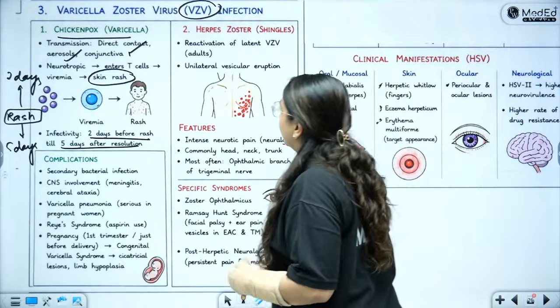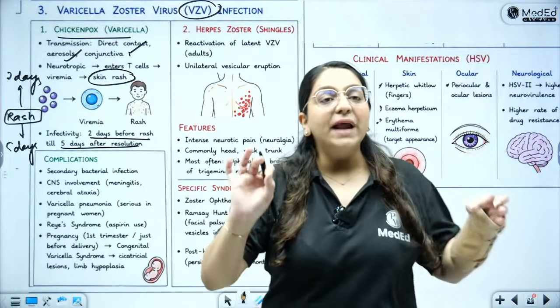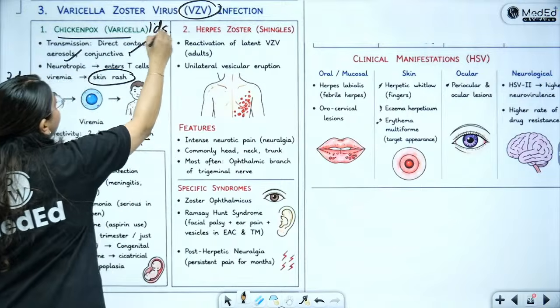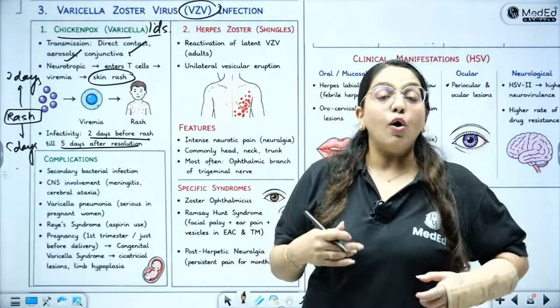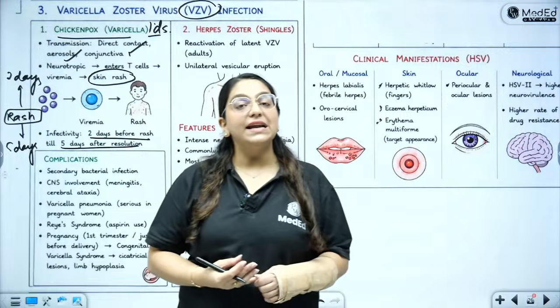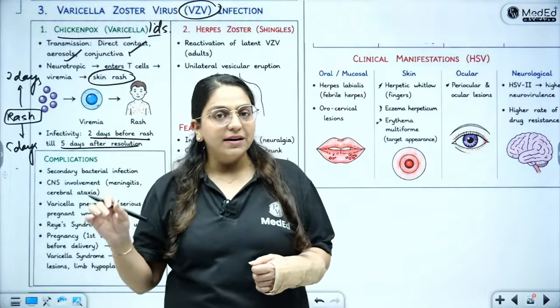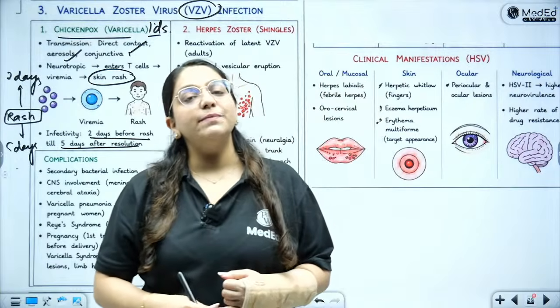Very important. Okay. So there are two types of diseases by varicella zoster. One is the primary disease, which is chickenpox, also called varicella. Then there is the reactivation disease. Like I said, all herpes viruses cause skin infections and then they go and sit latent in the nerve roots. So HSV1 was sitting in the trigeminal ganglion and HSV2 was sitting in the sacral ganglion. Where does the chickenpox virus sit?